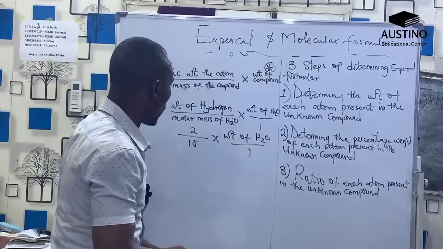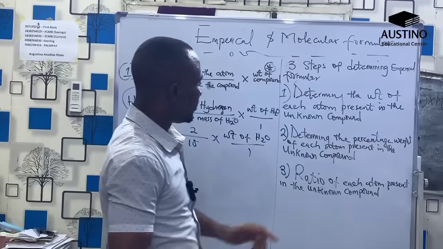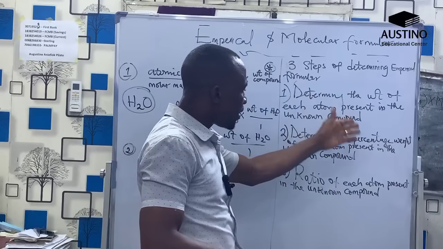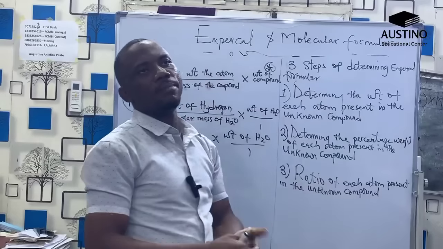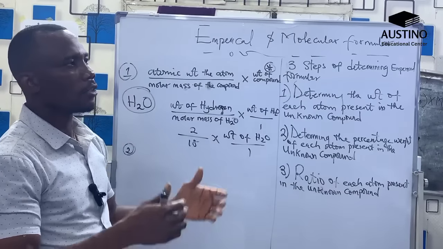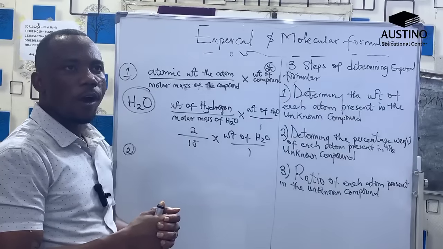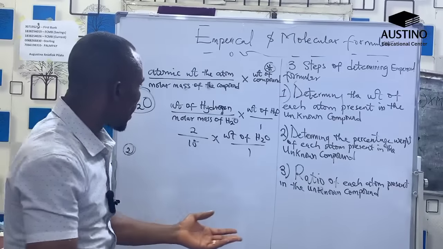So we'll go down to step number 2. By step number 2, determining the percentage weight of each element present. So that is very obvious. It's easy to get.